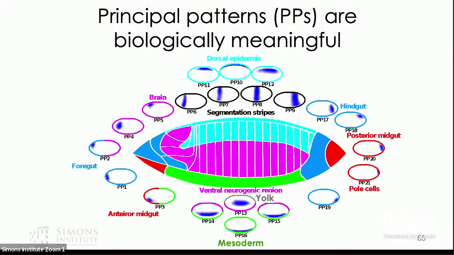So if you lay out all these 21 principal patterns on top of the fate map, now you have conjectured functionality for these regions. Like the one in there is magenta, because this is all schematic, that PP5 is probably about brain development.